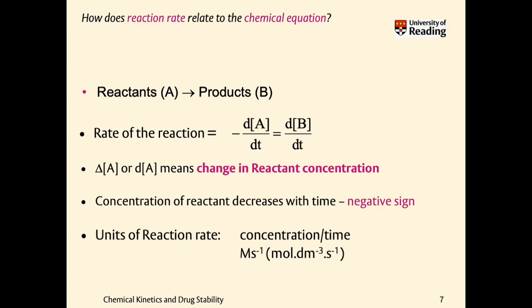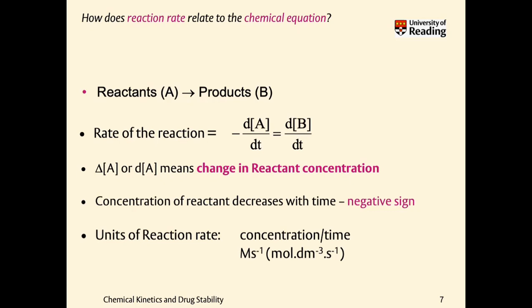Now the d means change in reactant, and it's the same because we use d instead of delta here. It's the same as the triangle that we saw when we're looking at change in enthalpy. If you see a triangle, it means change in, and if you see a d, it also means change in. So this means change in concentration over change in time.